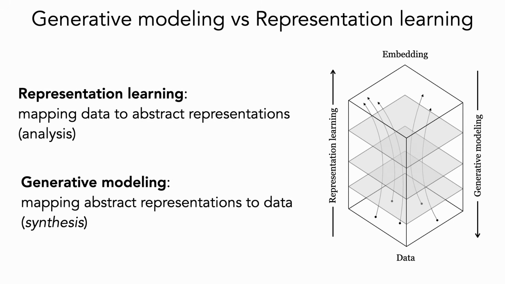And I've said that these two things can be kind of thought of as inverses to some degree, not necessarily inverses in the sense of a mathematical function inverse, because the direction from data to embeddings is many to one, and the direction from embeddings to data might be one to many. It might be stochastic. So it's more like a stochastic inverse, but they kind of operate in opposite directions.